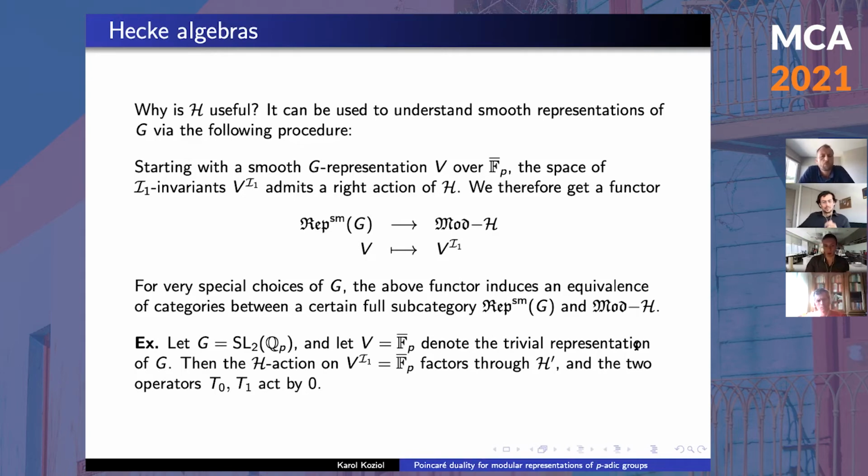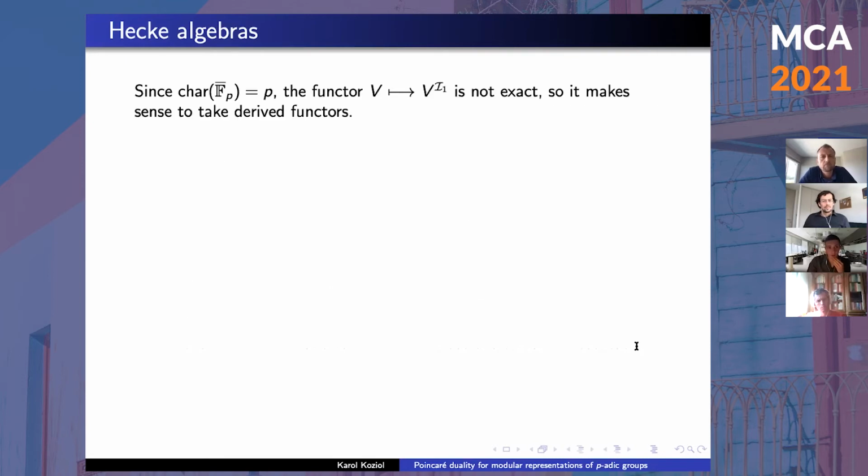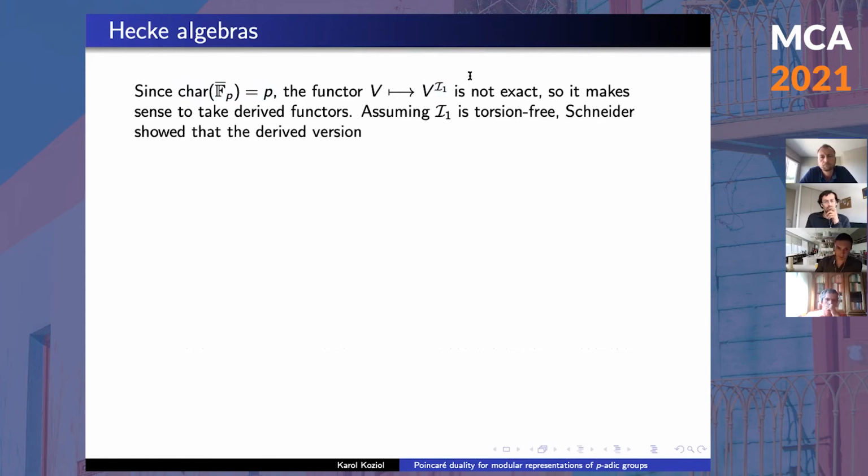So how can we push this further? So since the characteristic of FP bar is equal to P, and this group I1 is pro-P, the functor of invariants is not going to be exact in general. So it makes sense to try to take derived functors in order to sort of tease more information out of this.